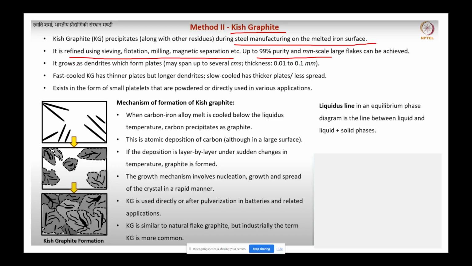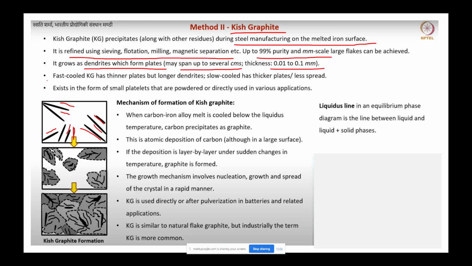It grows as dendrites which form plates. Here you can see it grows as dendrites. It spans up to several centimeters, and its thickness varies from 0.01 to 0.1 mm.